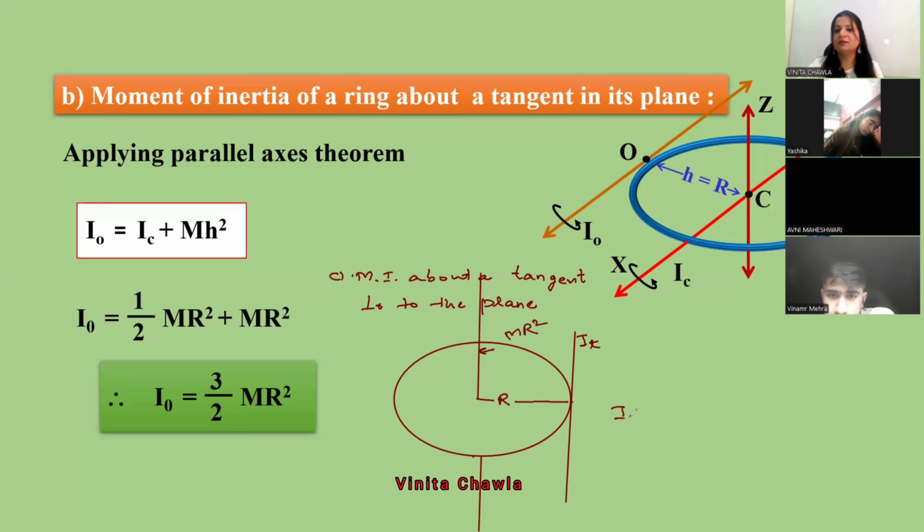So IT is equal to I, let this be ICM because it is passing through the center of mass of the ring, plus mass of the ring times the square of the distance between these two, which is r square. So ICM is mr square plus mr square, and your answer is 2mr square.